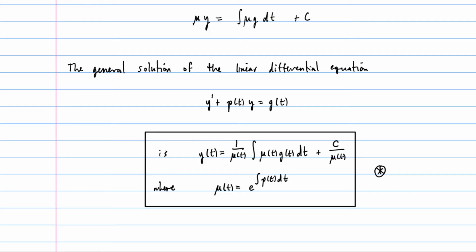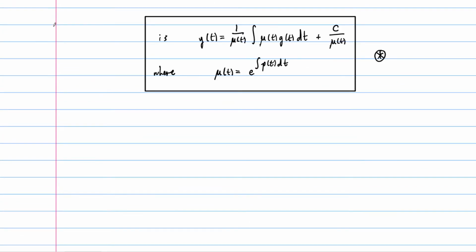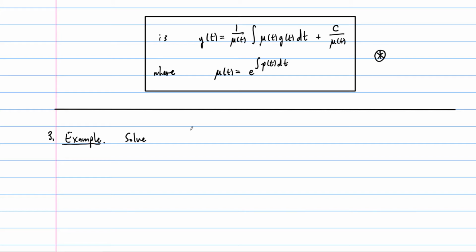Okay, so let's do some examples now. The first one is going to be the following. This is item number 3, our example. We want to try to solve this equation: 4 plus t squared times y prime plus 2ty equals 4t.